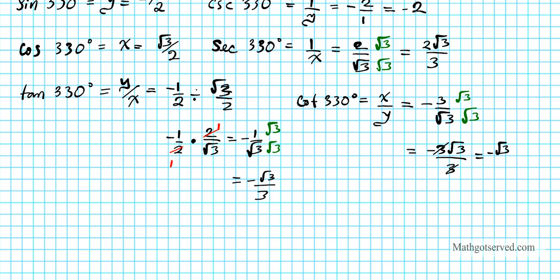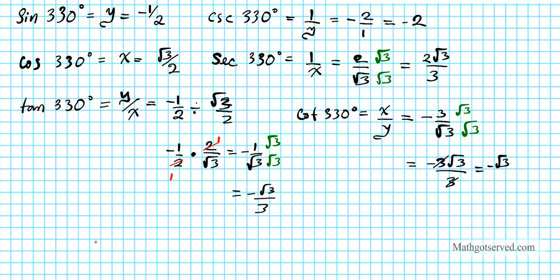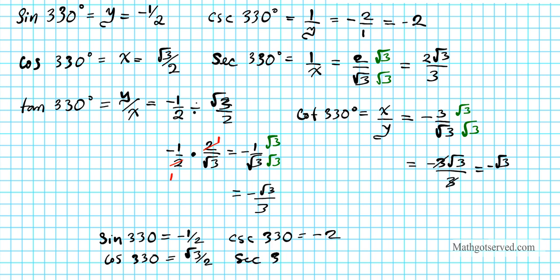Let's write them in an organized list. Sine 330 is negative 1/2. Its reciprocal, cosecant 330, is negative 2. Cosine 330 is root 3 over 2. Secant 330 is 2 root 3 over 3.